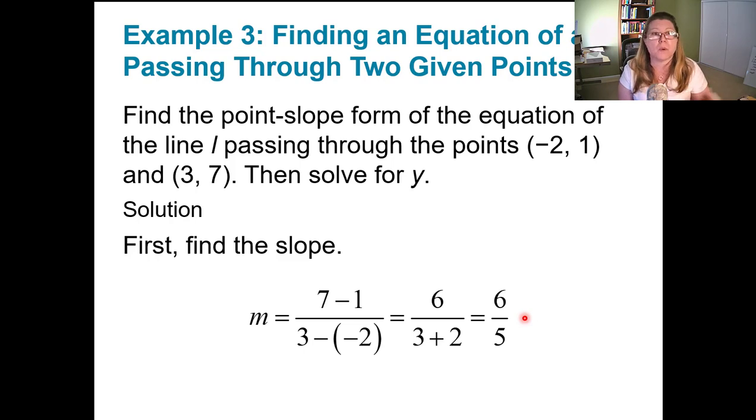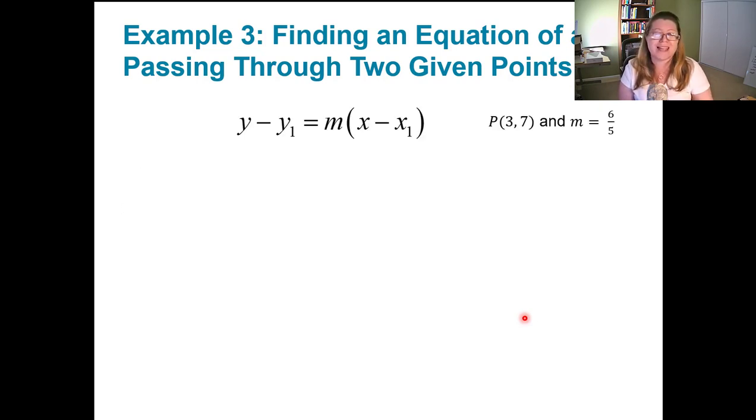It doesn't matter which point you use. I'm going to go ahead and use (3, 7) and our slope of 6/5. Using our point-slope formula, y minus y1 equals m times x minus x1, we're going to plug in everything we know.